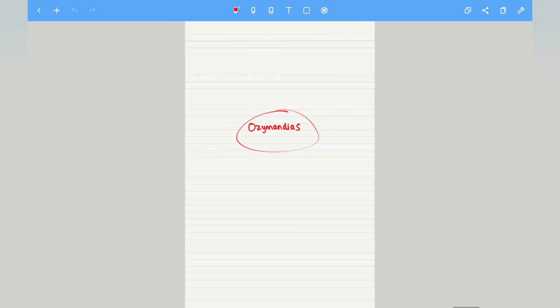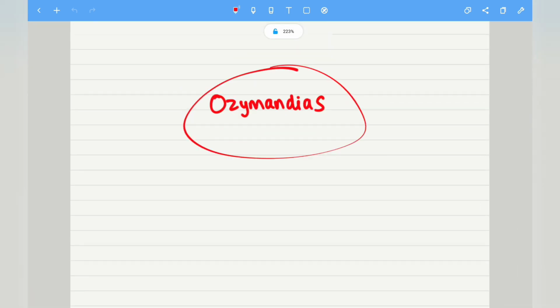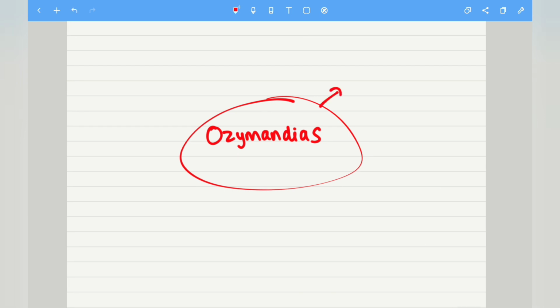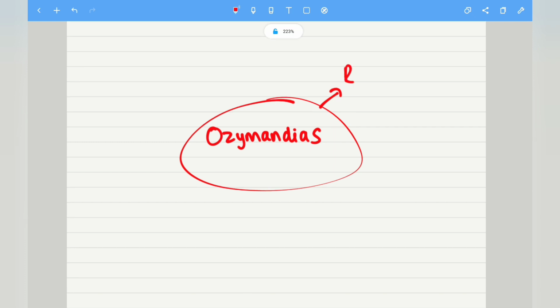Now, moving on, in terms of the title, why is it called Ozymandias? And what does Ozymandias mean? So first of all, Ozymandias is the name given to Ramesses II, who was a powerful leader at the time. And he was one of the greatest pharaohs of ancient Egypt.